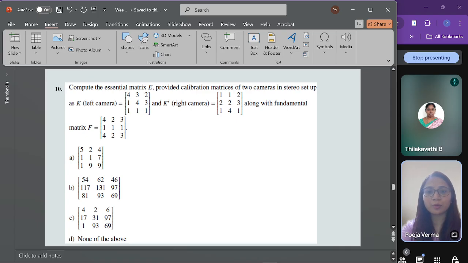We have to compute the essential matrix E. So how can we calculate the essential matrix from the left and right camera matrix?